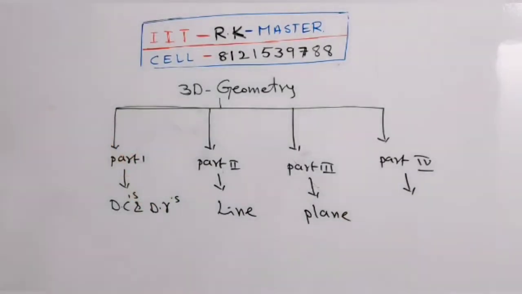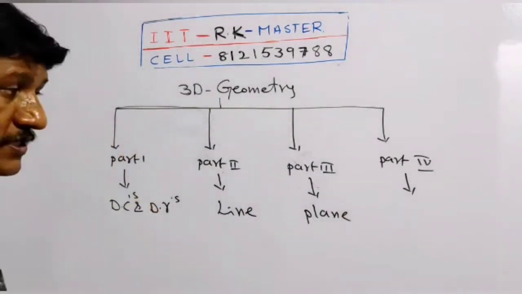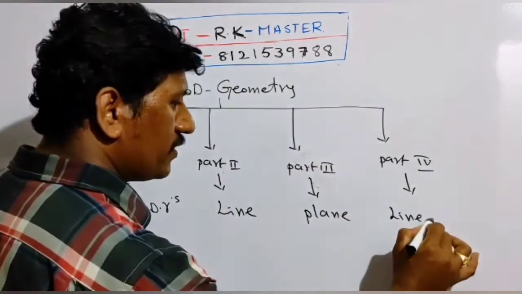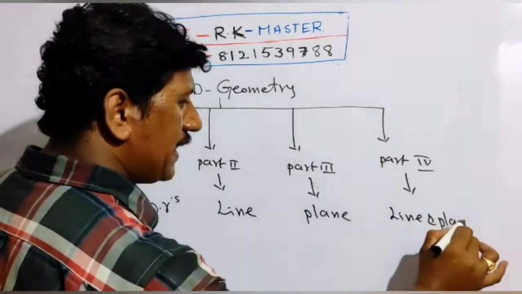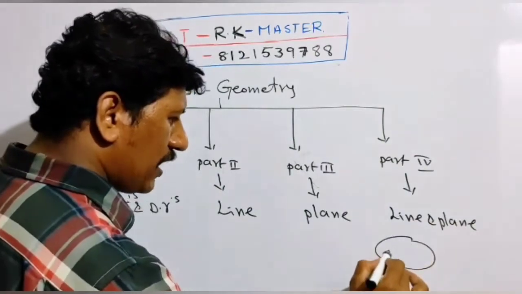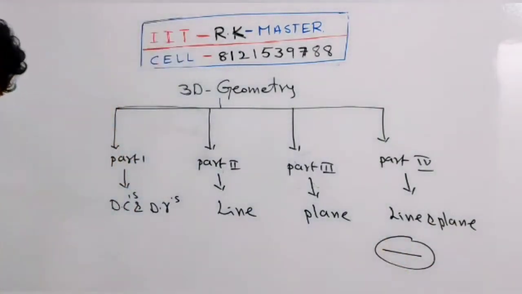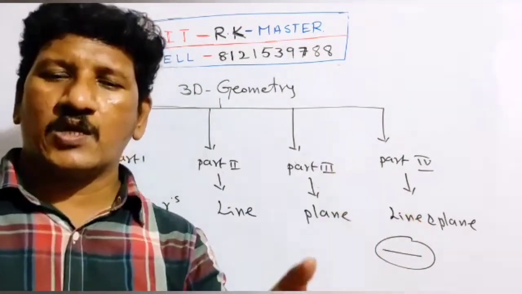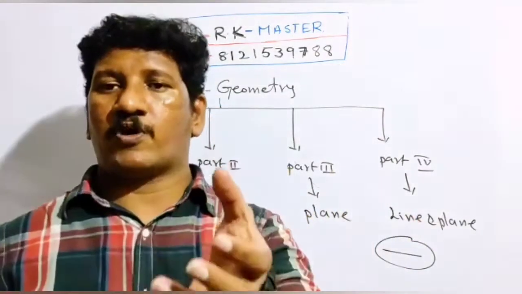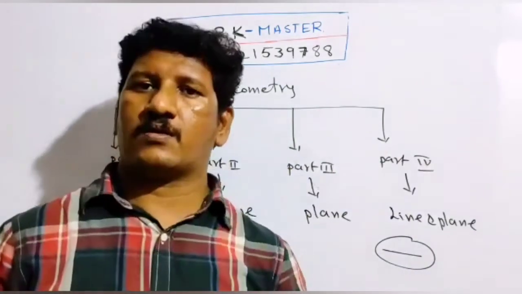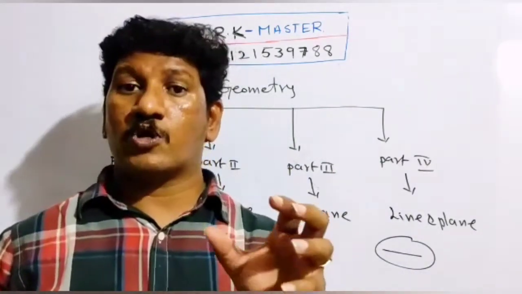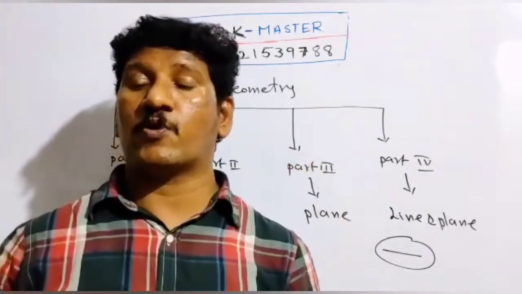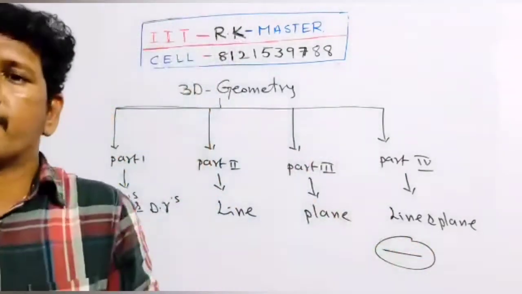And part 4, the most important part, we will study the line and the plane. That means one line completely lies on the plane. If any line completely lies on the plane, there are some most important properties which play the most important role in solving a number of JEE Mains problems. This is very important.